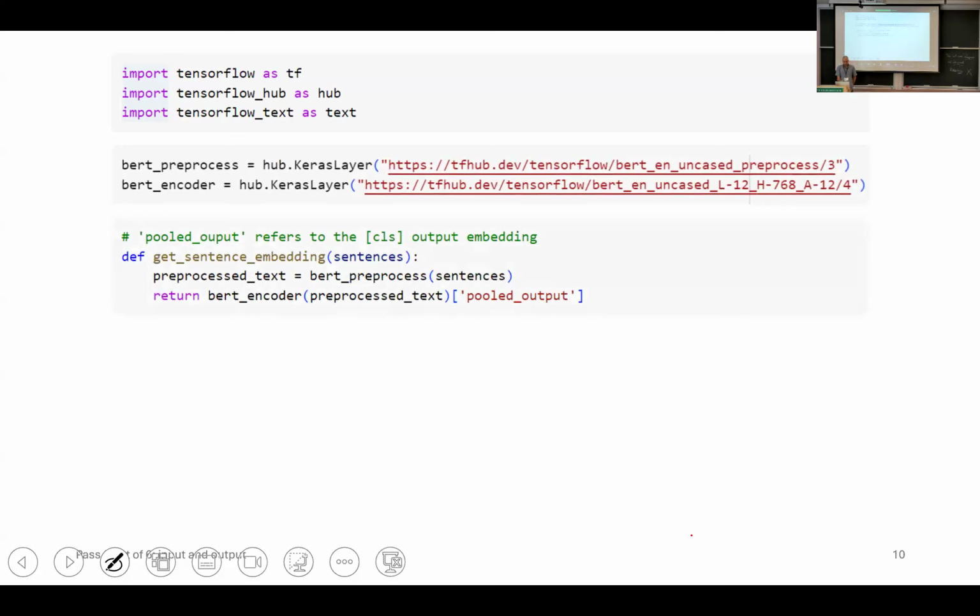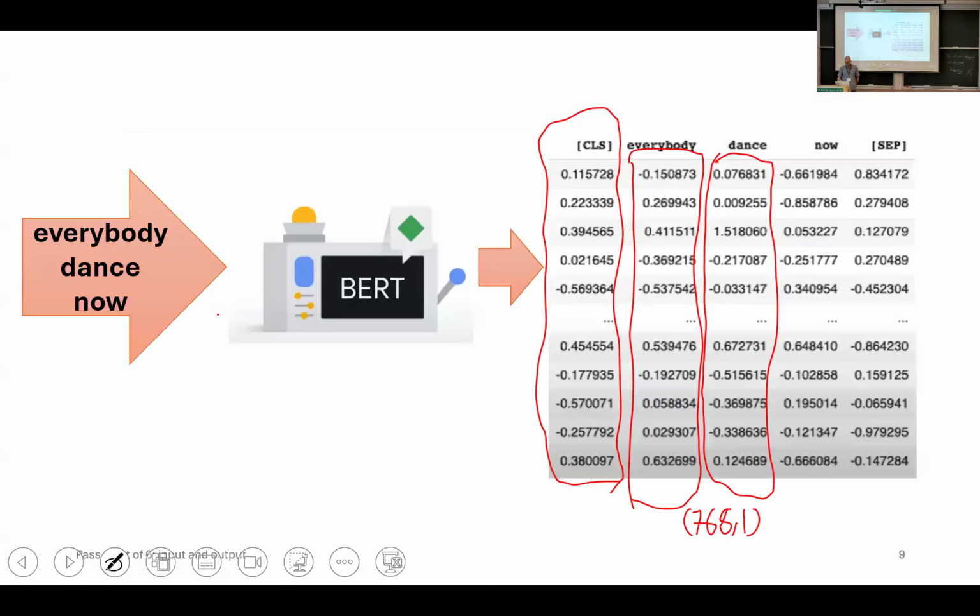Then here you can see that I have a function. My function takes the input. The input is a sentence. It applies this pre-trained model on it. Then it becomes this kind of intermediate output. Then it will apply this function on it, and here I'm returning the pooled output, which is this.